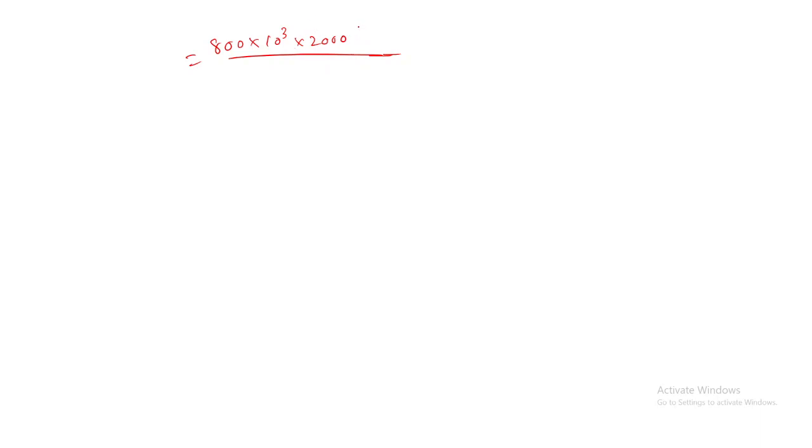For CB, should I take the sign or not? Sir, the sign has to be taken. Yes. So it is minus 300 into 10 to the power of 3 into 3000.